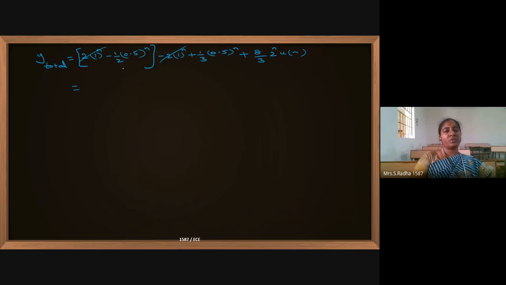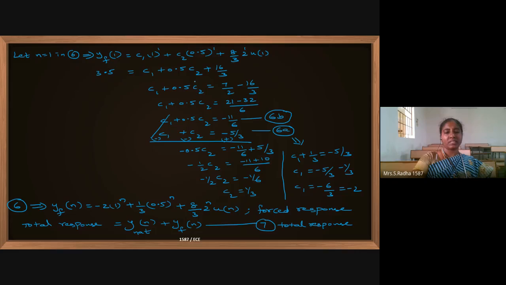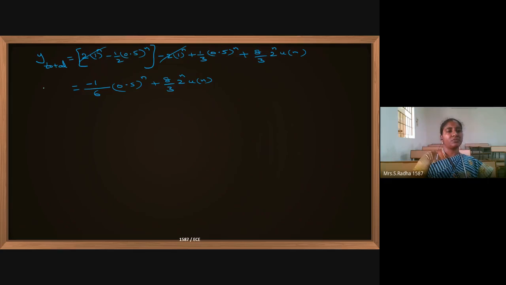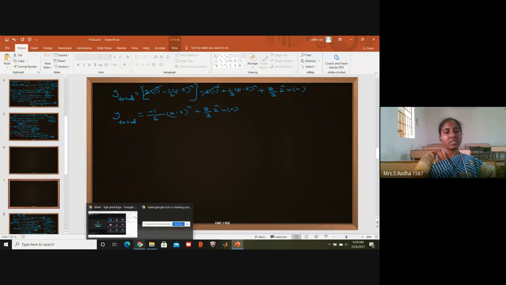For the other terms, LCM is 6: minus 3 plus 2. So minus 1 by 6, 0.5 whole power n, plus 8 by 3, 2 power n u of n. So we have taken equation 7 as the total response equation, and the final form of equation 7 is this. This is about total response in a discrete time system.